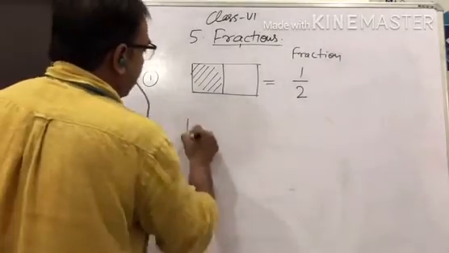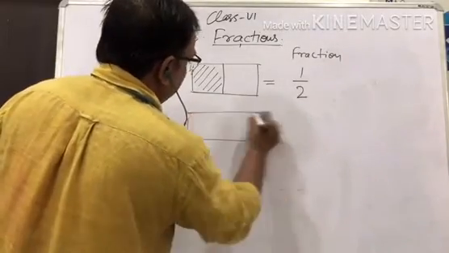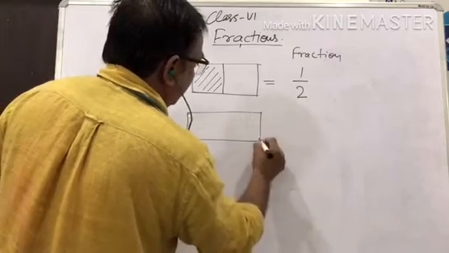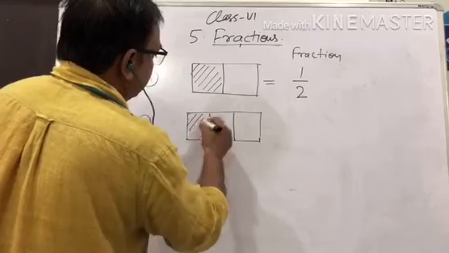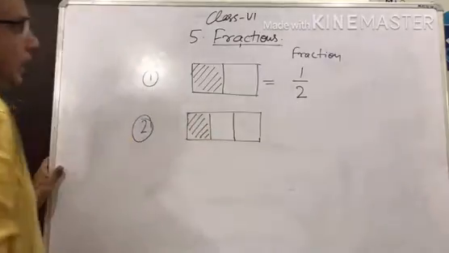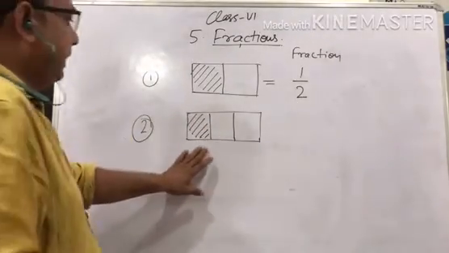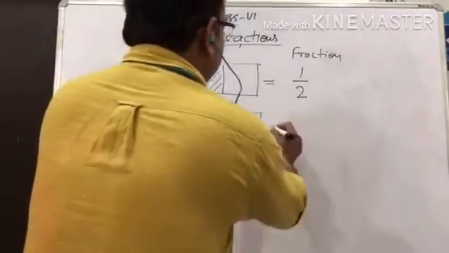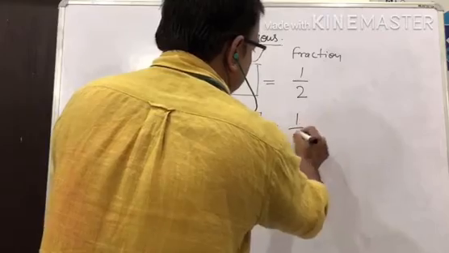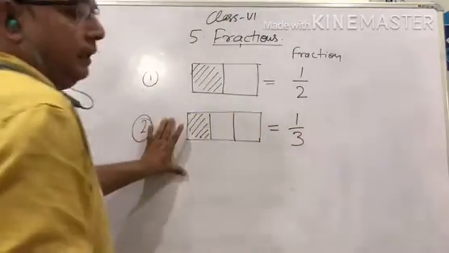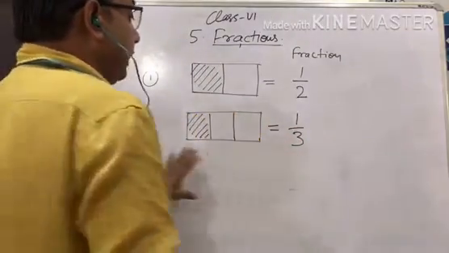Second, suppose I draw the same figure but the division is more: 1, 2, 3. It means that there are 3 divisions, and 1 is the shaded portion. So the fraction is 1 by 3.